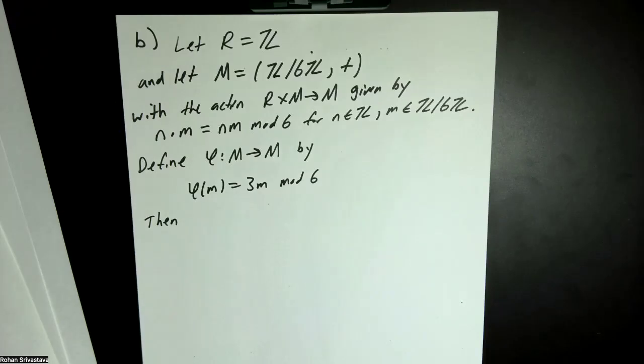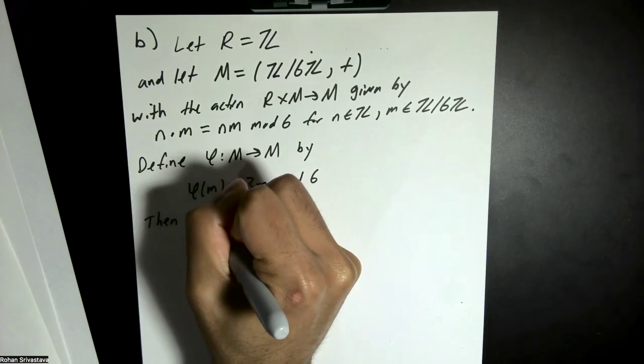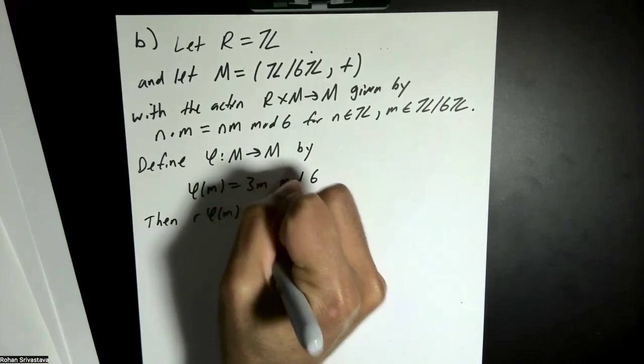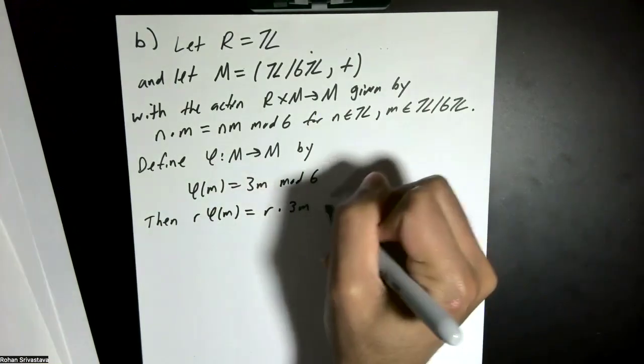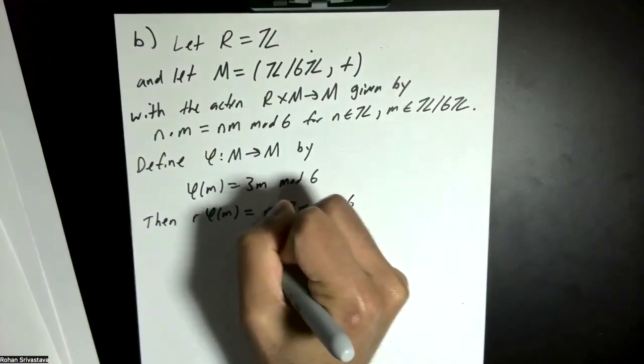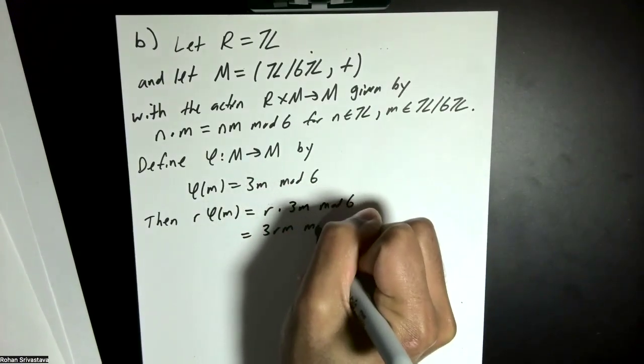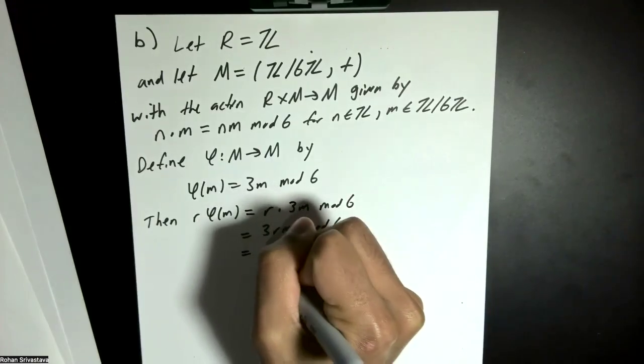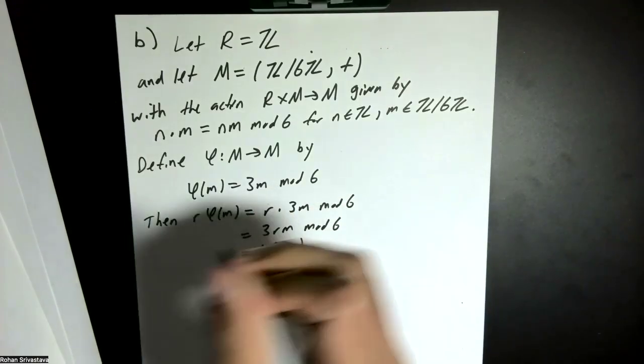Let's check that that is an R module homomorphism. So R phi of M is R times 3M mod 6, which is 3RM mod 6, which is phi of RM.